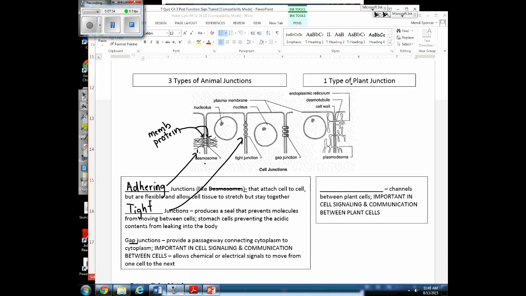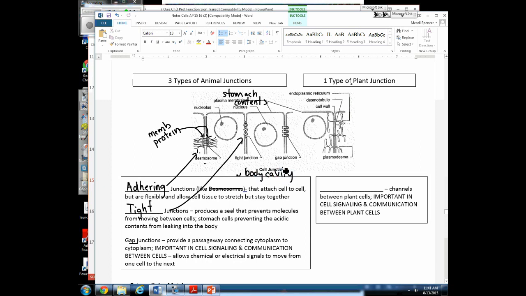Now, only certain specialized cells are going to have tight junctions. So imagine these are cells that are found lining your stomach. So here would be the stomach contents. So that's where your food's going to be after you eat. And we have our cells there, and those cells eventually are a barrier to your body cavity.